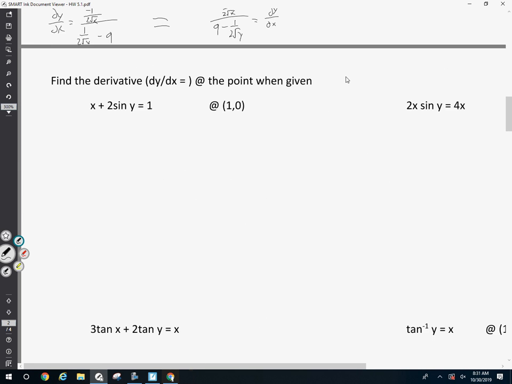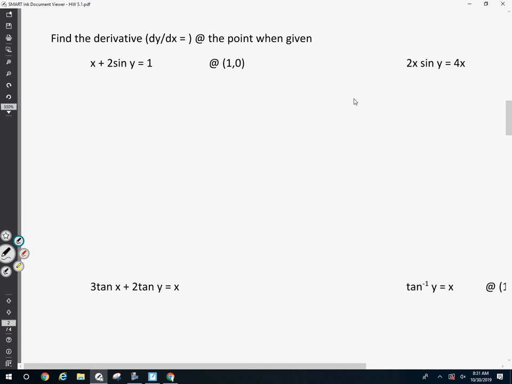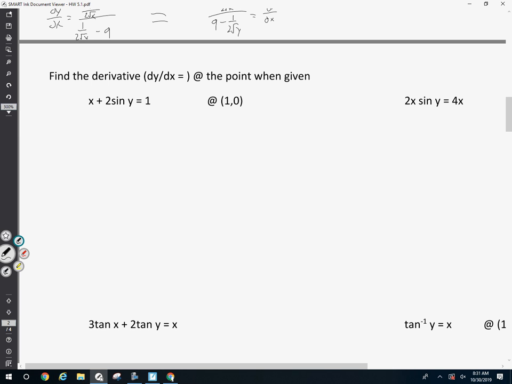Okay. Trig functions. Derivative of cos y or sine y would be negative sine y dy dx. So make sure we remember the dy dx afterwards. So if I take the derivative, here we go, I'd get 1 plus derivative of 2 sine would be 2 cos times dy dx equals 0.